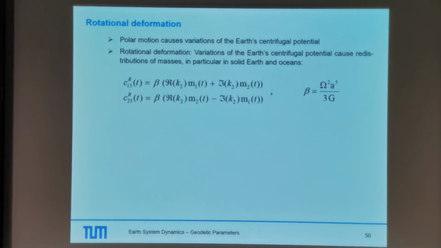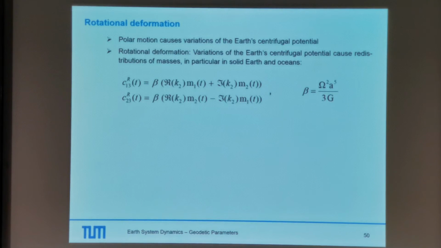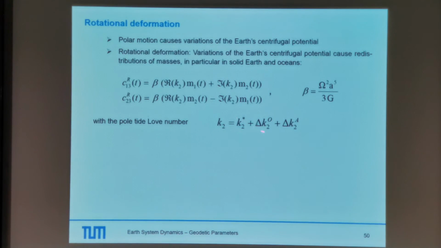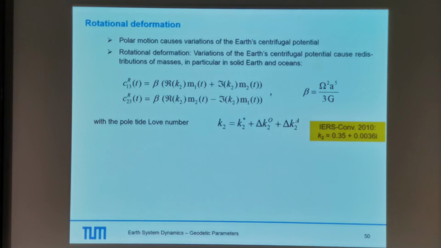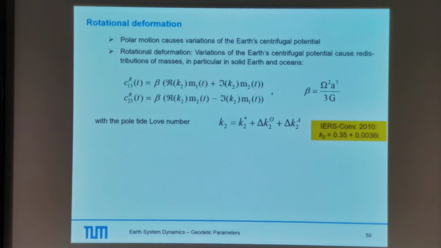The Love number k2 is a complex number, where we have the real part and the imaginary part. So we have the pole-tide Love number k2, which comprises these three quantities. It's a complex number with a real part and an imaginary part. And from the IERS conventions, for example, we learned that this quantity is 0.35 plus 0.0036 times i.